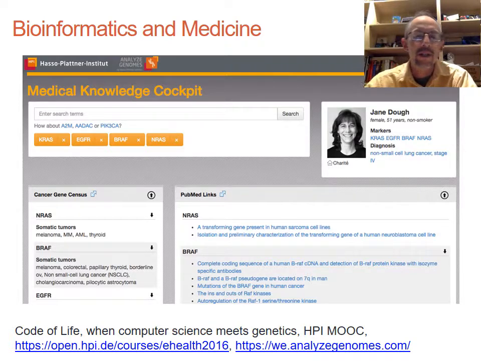This screenshot is from another online course called Code of Life: When Computer Science Meets Genetics, given by the Hasso-Plattner Institute of the University of Potsdam in Germany. And it reflects how genomics can be brought to the clinic, meaning to a health provider, a physician trying to treat an individual patient.